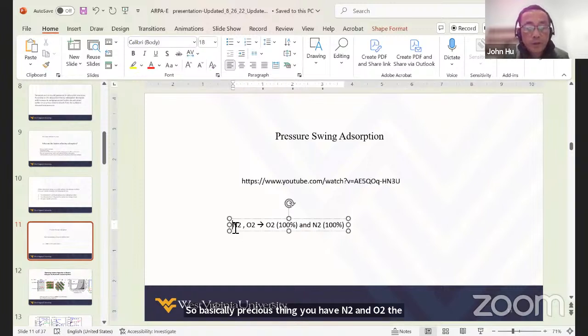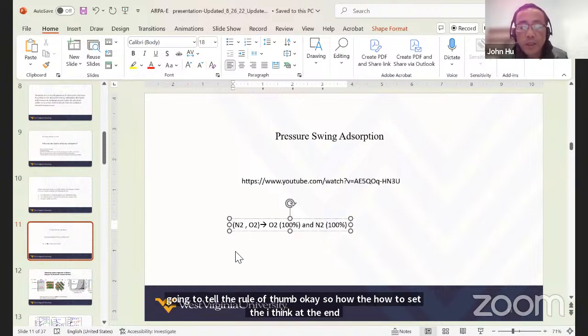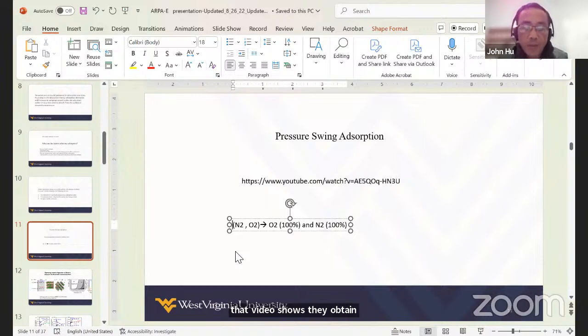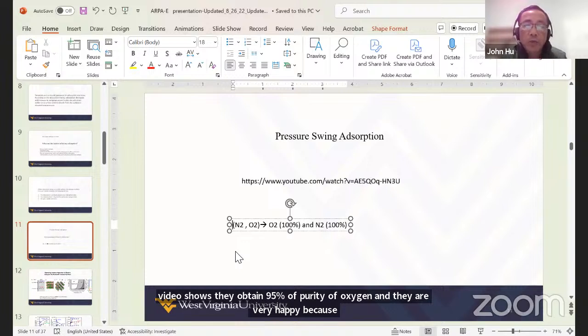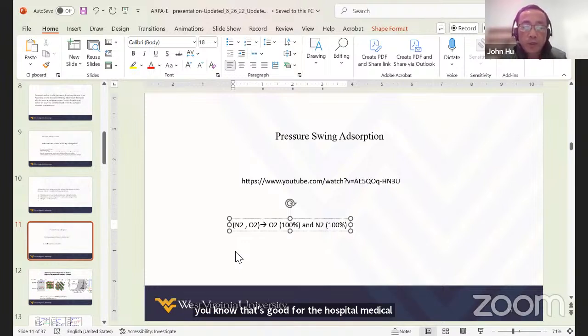I'm going to tell the rule of thumb. I think at the end, that video shows they obtain 95% purity of the oxygen, and they are very happy because that's good for hospital medical use. In the hospital for emergency use, oxygen is not 100%.